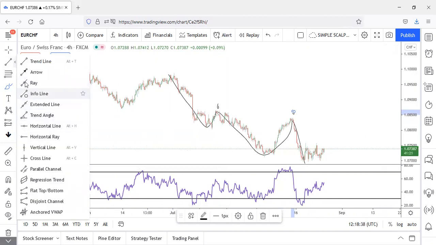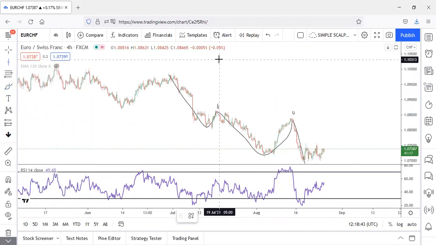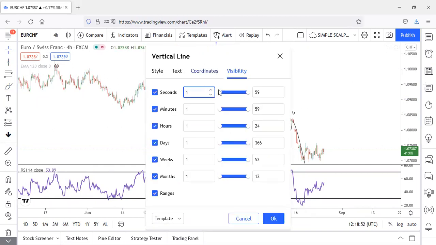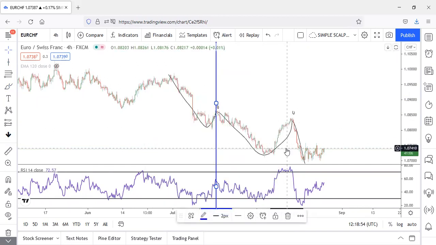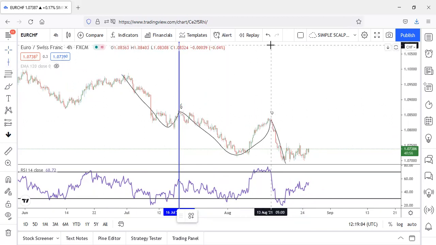The best thing to do is to properly put in a vertical line. If you have a problem spotting that with your naked eye, you want to be able to spot the last high by putting in your vertical line and spot the last high where you see that price is stalling, all right? The same place, putting your vertical line as well.